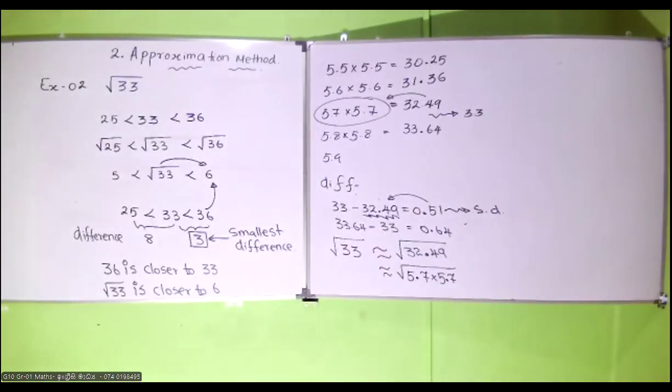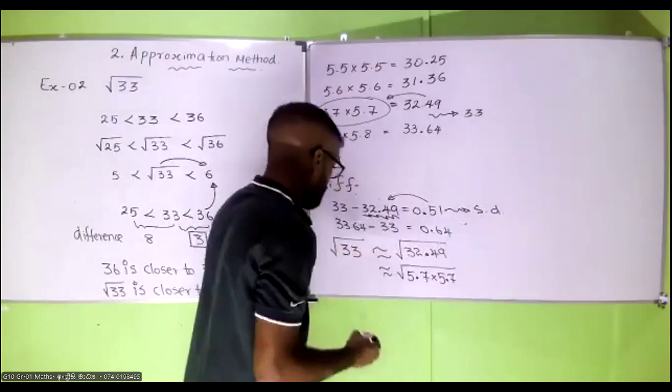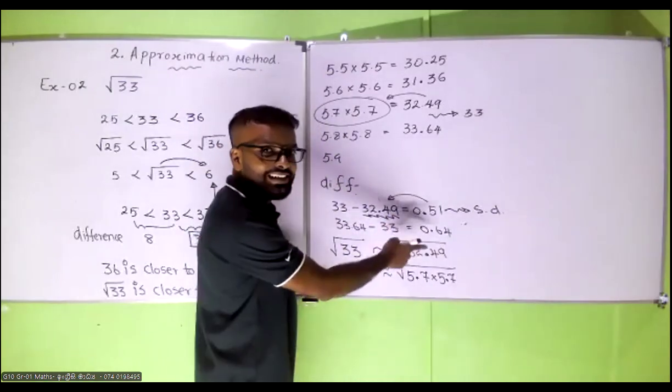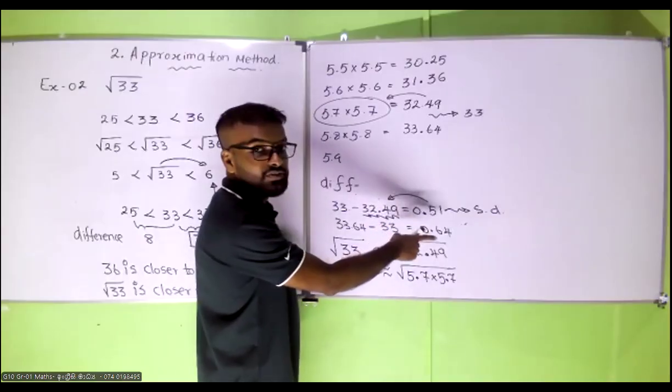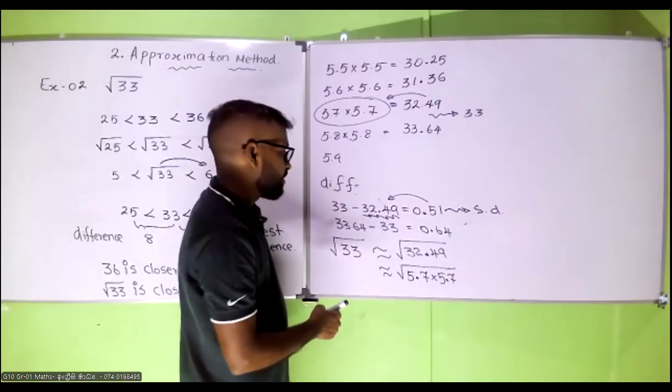Yes, Dinugi has sent me 5.7, not 5.8. I do not know how you got that, because this difference 0.64 is greater. The smallest is 0.51, which is 33 minus 32.49.